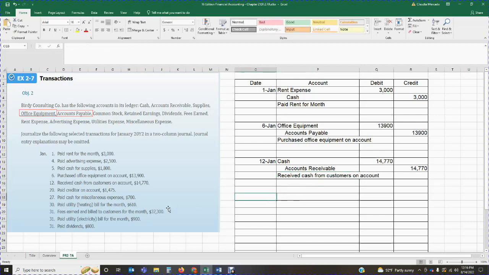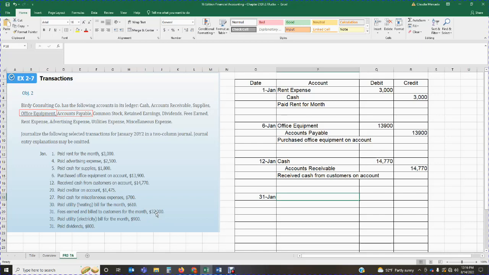Okay, let's see which one else we're going to do. Let's do the 31st. It says fees earned and billed to customers for the month, $37,300. So we performed a service. We billed the customers, but we have not gotten paid.